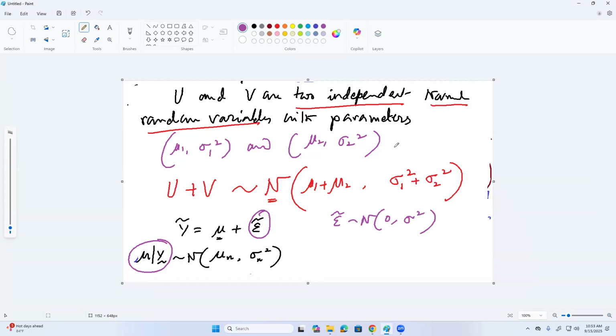The distribution of mu given y is the posterior distribution of mu based on your observed data. So that noise has nothing to do with a future value that you draw from the population. Therefore, these two distributions are completely independent.